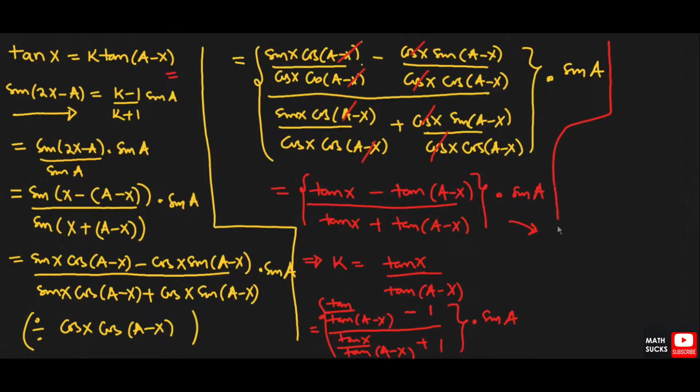Let's end this with a substitution on the left hand side, on the right hand side. And so when we have this over that, this is the same as k, and so this is going to be equal to k minus 1 over this term here is k, then plus 1, then this is multiplied by our factor, which is the sine of a.